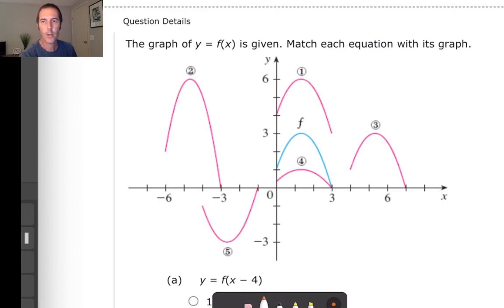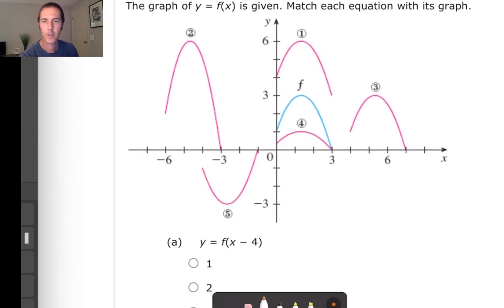Here's a graphical question. The graph of y equals f of x is given, and we can see it in blue there. And that doesn't look like any parent function that I'm familiar with. So this is sort of a random looking parent function, and we have to use the different transformations that we were just talking about in order to modify this parent function.